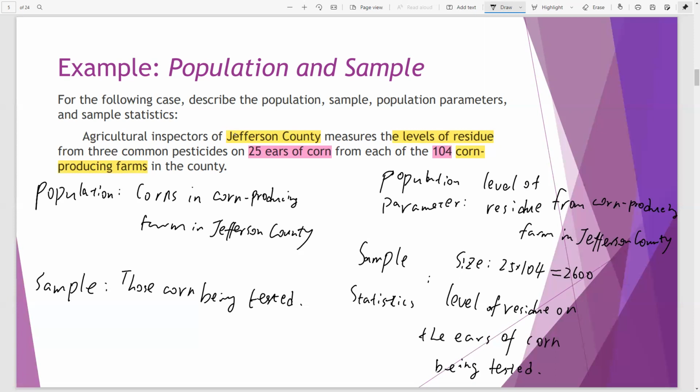Population parameter will be level of residue from corn producing farm in Jefferson County. And the sample statistics, first of all, we can see the size. There are 2,600 of the corns. And the statistics we get is level of residue from those 3 common pesticides on the ears of corns being tested.